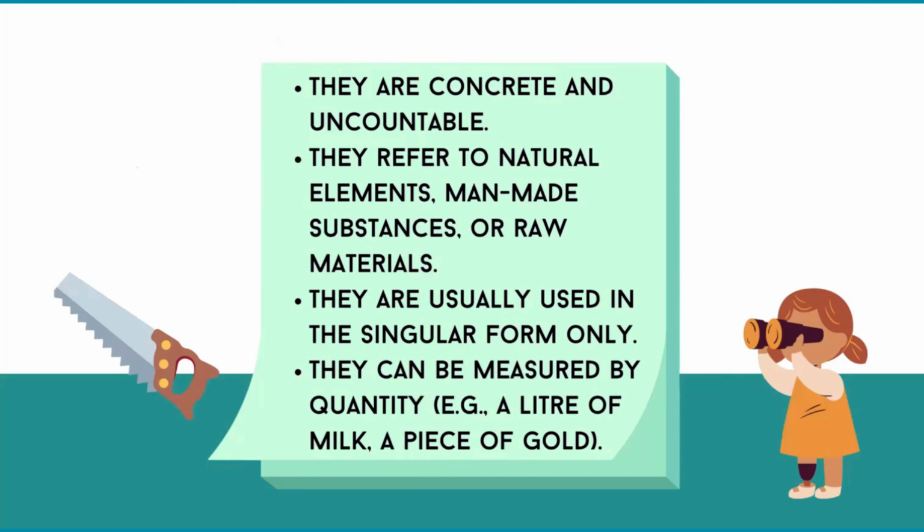They tend to be concrete and uncountable. They refer to natural elements, man-made substances, or raw materials. They are usually used in the singular form only. They can be measured by quantity, like a liter of milk, a piece of gold.